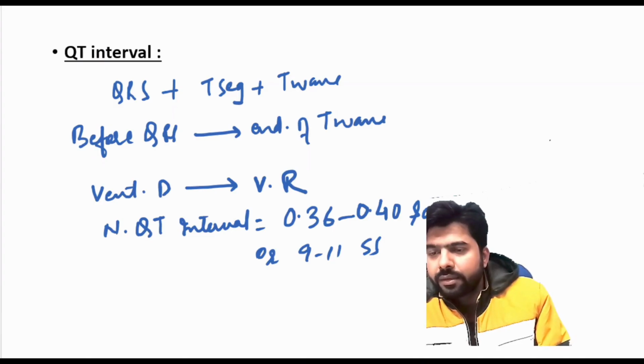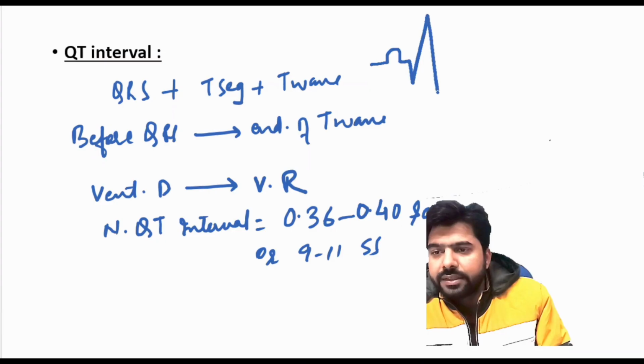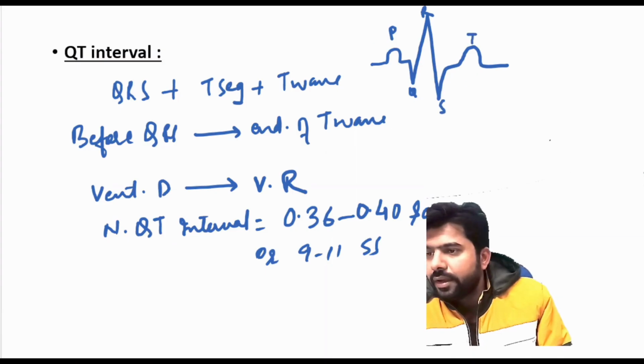See, this is the P wave, this is the Q wave, this is R, this is S, and this is T wave. This is P, Q, R, S, and T wave. I am changing the color so that you will understand this.